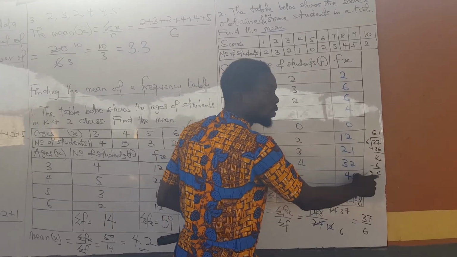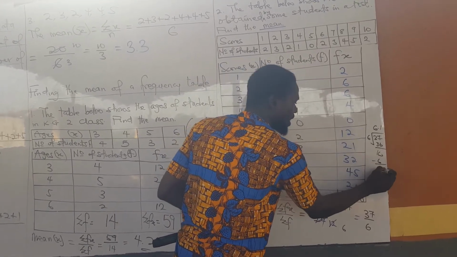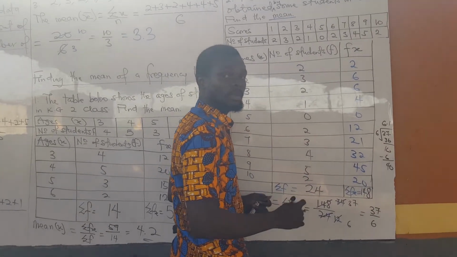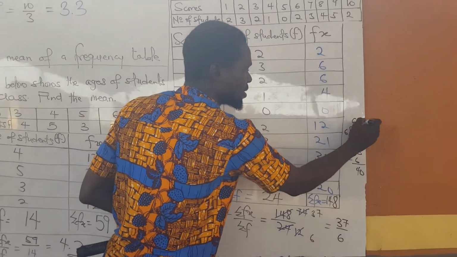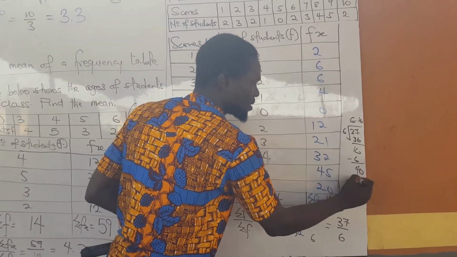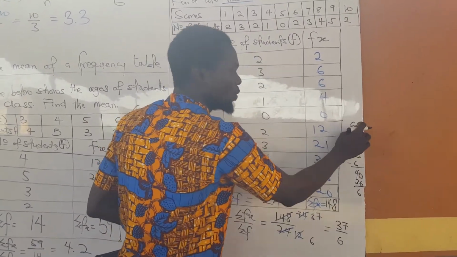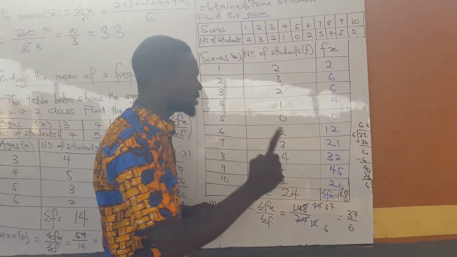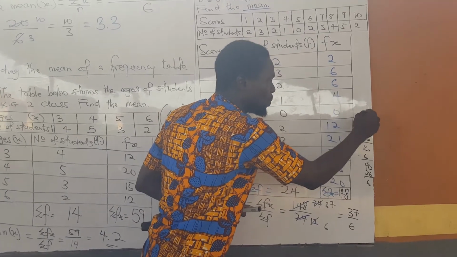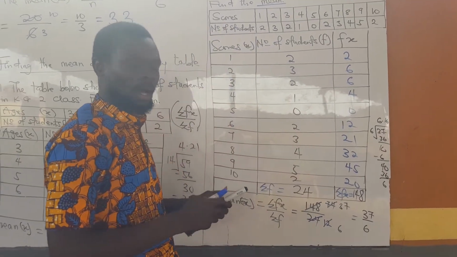6 cannot go into 4, but because there is a decimal point here, we can bring down 0, which gives us 40. 6 can go into 40 6 times, and 6 times 6 is 36. So we can pause here and leave our answer to 1 decimal place. We are going to get 6.2 as our mean.